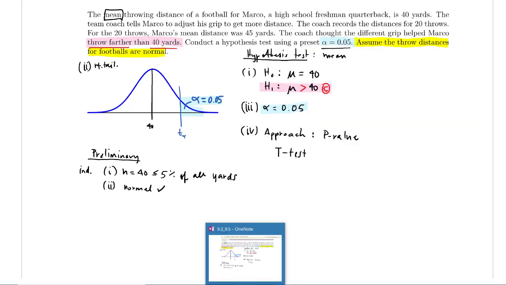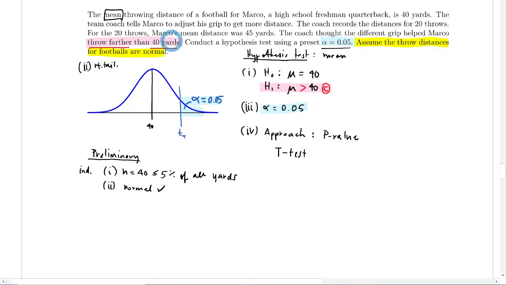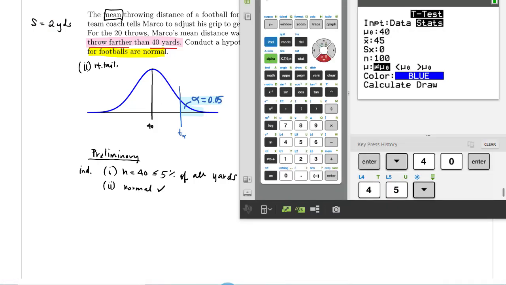So the next part in the calculator is the sample standard deviation. It doesn't look like they gave it to us, so let's go ahead and assume the sample standard deviation is 2 yards. And so we can put 2 into the calculator. The sample size that they gave us was 20 throws.